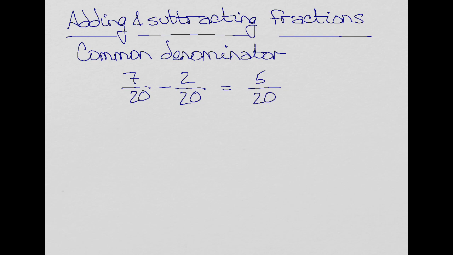So as long as the bottom number, as long as the denominator is the same, we're adding or subtracting the same items, pencils, sticks of gum, 20ths. And we can do that by adding or subtracting on the top and keeping the common denominator.